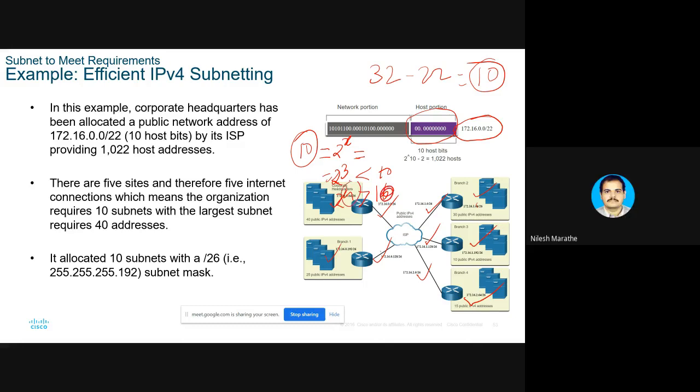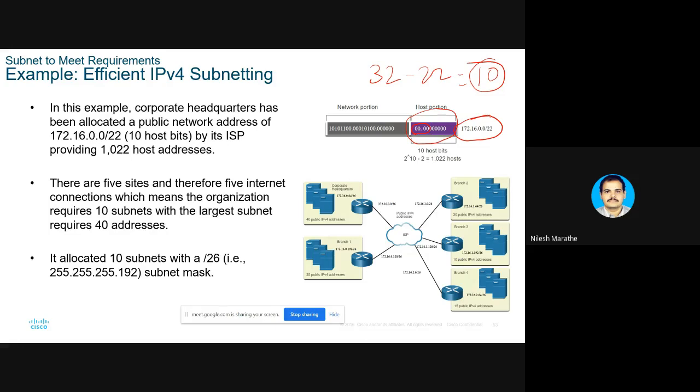So we have to go for 4 bits. Four bits from this we are going to add into the network. Agreed? Okay.